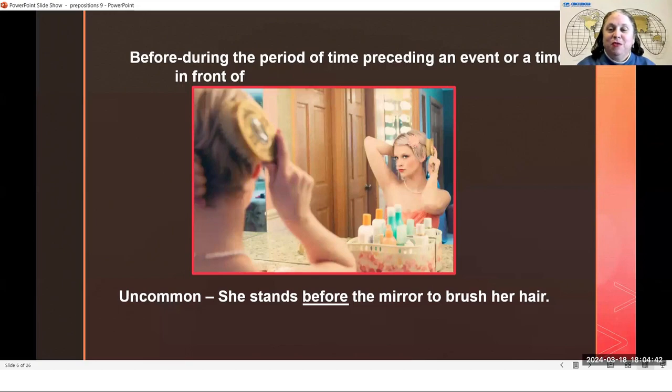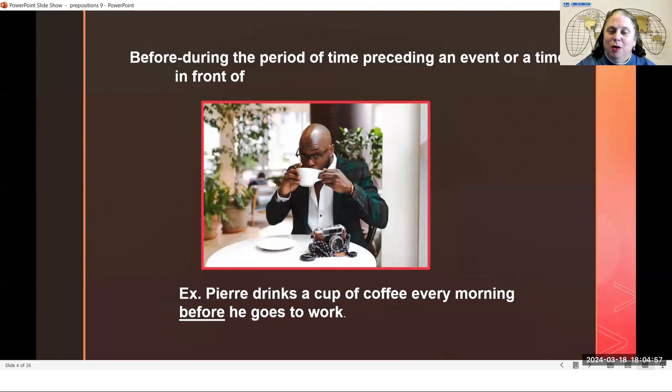She stands in front of the mirror to brush her hair. You can use the word before, but I think that might be a more old-fashioned use of the word before. The more common would be before he goes to work or before 8 o'clock. Those are more common uses for before.